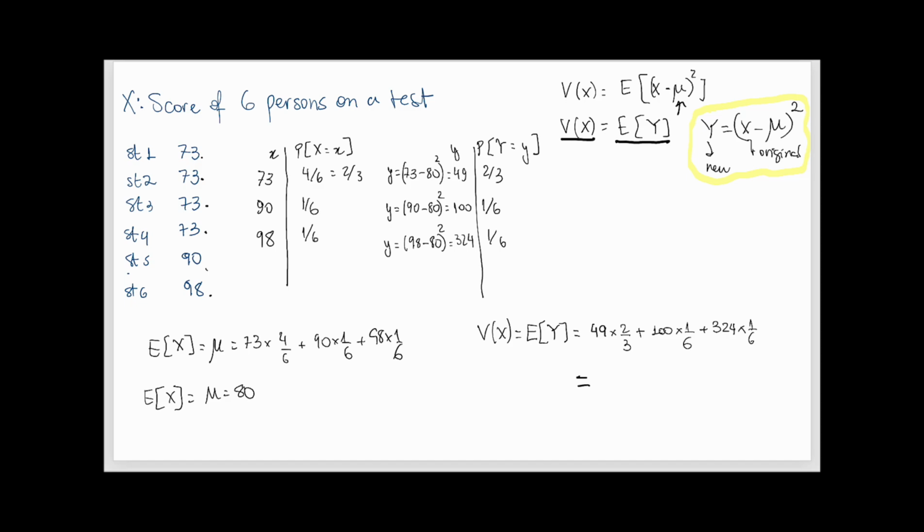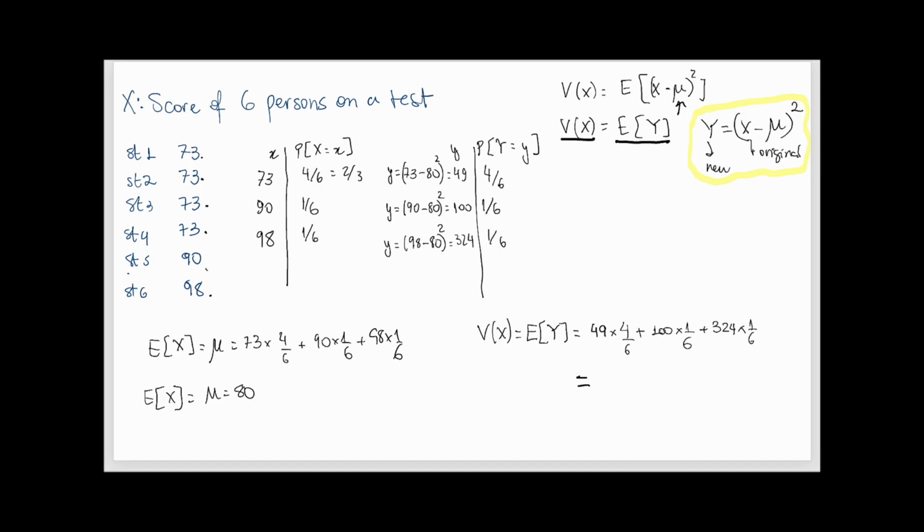And if you work out this variance, so this is 49 times 2/3 plus 100 times 1/6 plus 324 times 1/6, and you can just leave this as 4/6 to make your calculations better.